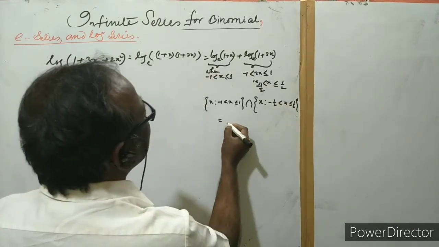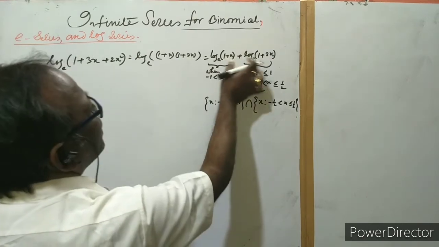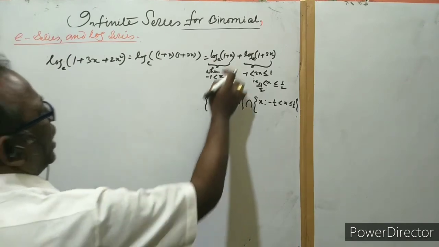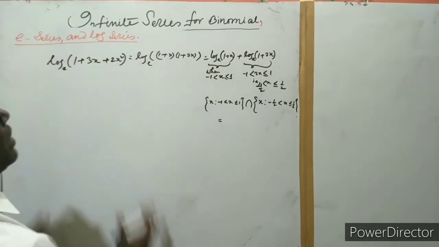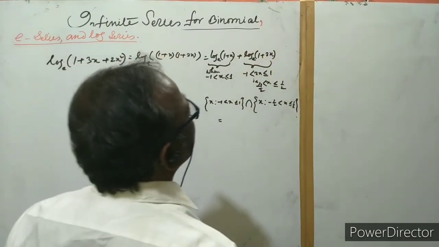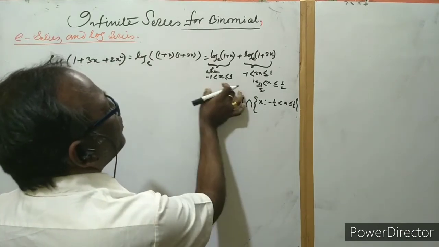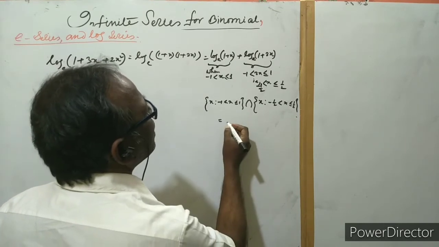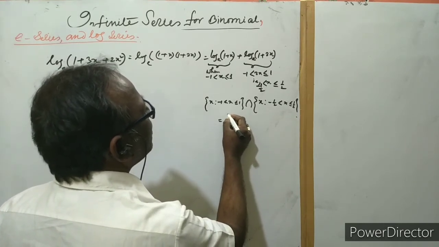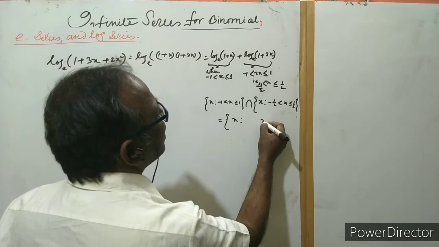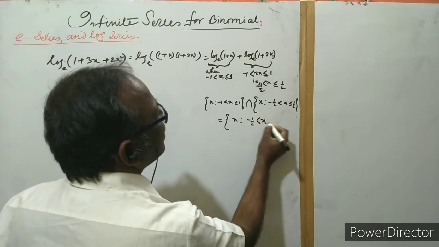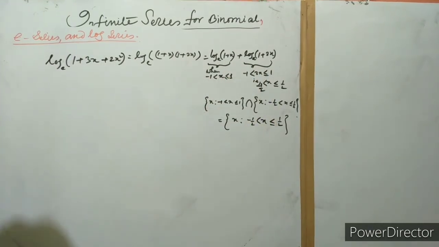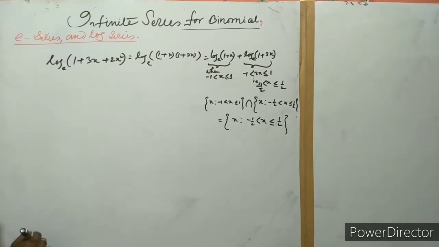So the intersection region is the domain. These two functions are separately added, but as a single function, the domain of that and the domain of that, the intersection region, is called the required domain. Then we get the required domain, x such that, so the total function log of that and log of that can be expanded when this holds.